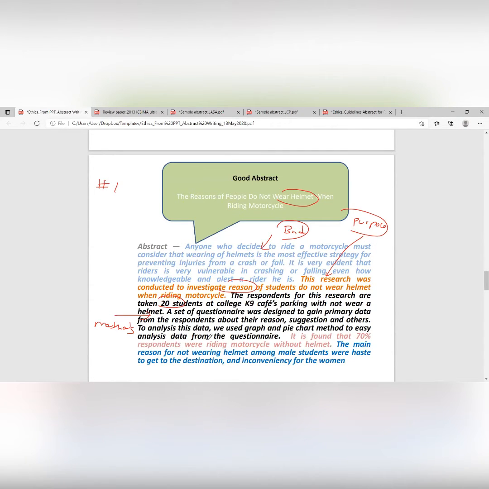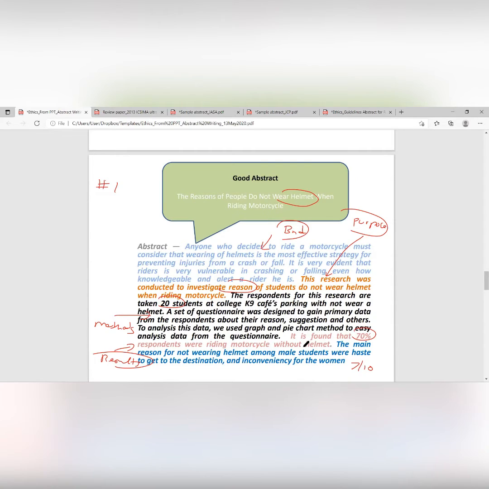And then they got the result. Here's the result. From 20 students that they met, they found out that 70% of the respondents were riding motorcycle without a helmet. It's a lot, you know. 7 out of 10 don't wear helmet.